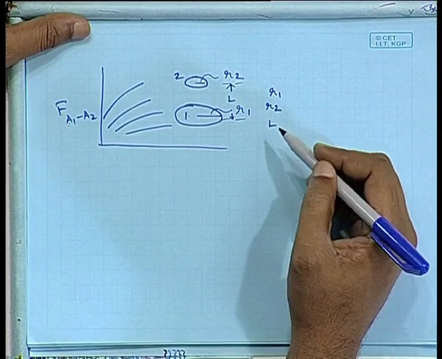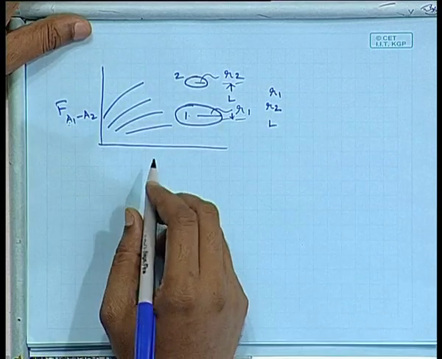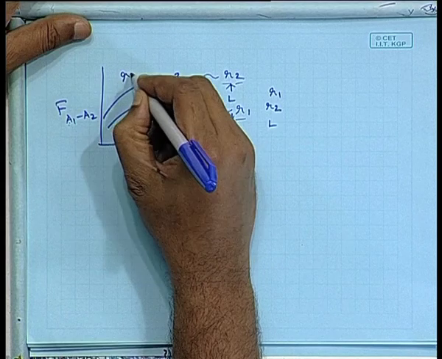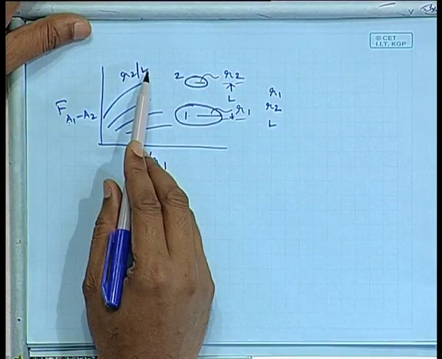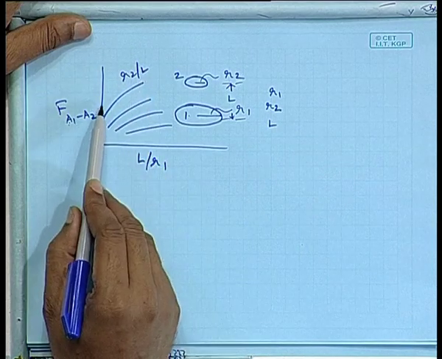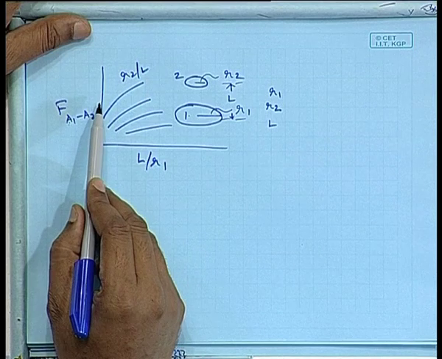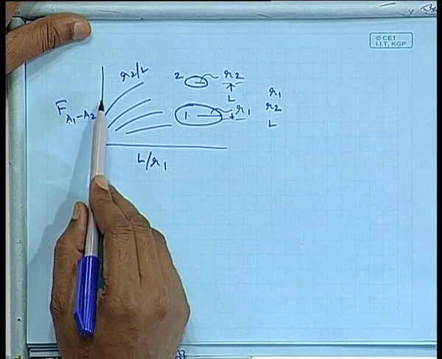Okay. So, these are the things on which your integration results would depend. So, when you see the graph, it is L by R1 and R2 by L. Okay. So, if you know R1, R2 and L, you should be able to find out what is the view factor from 1 to 2.